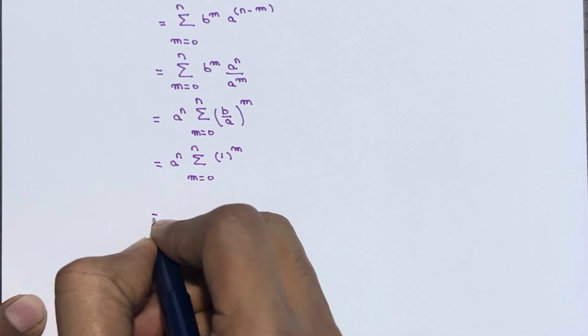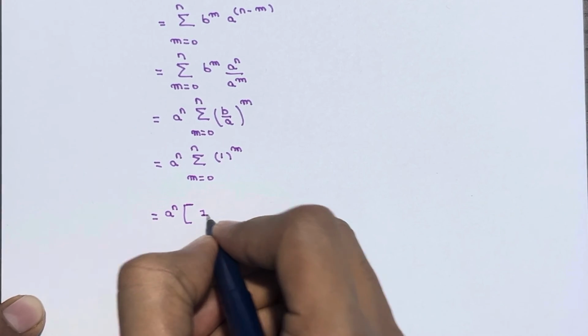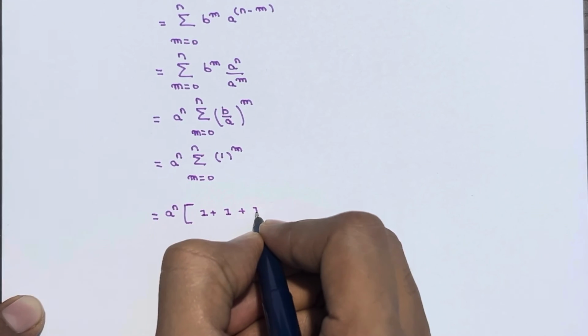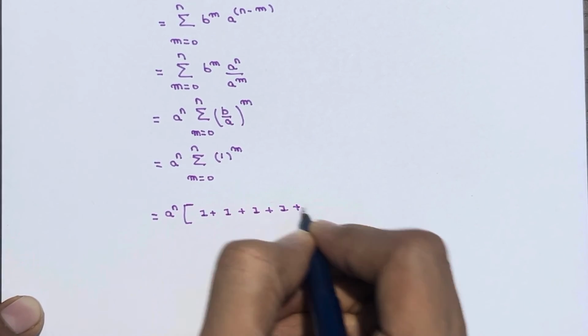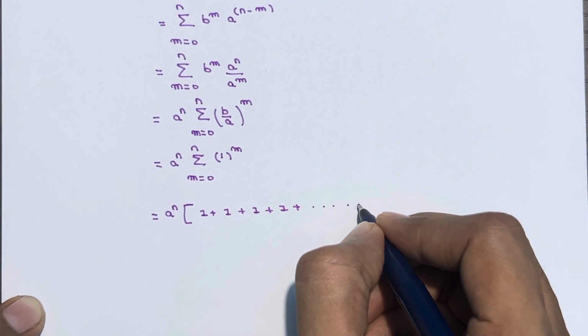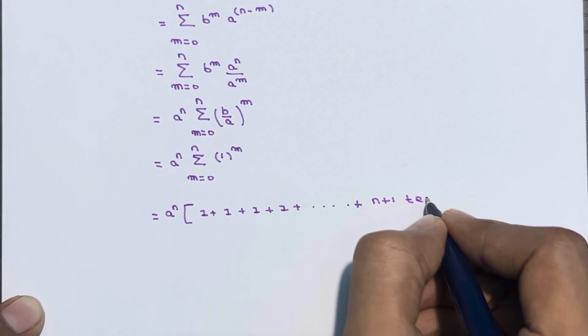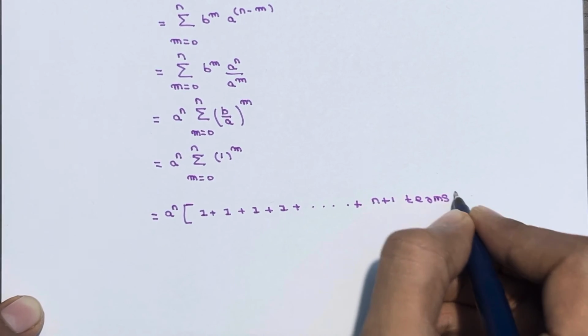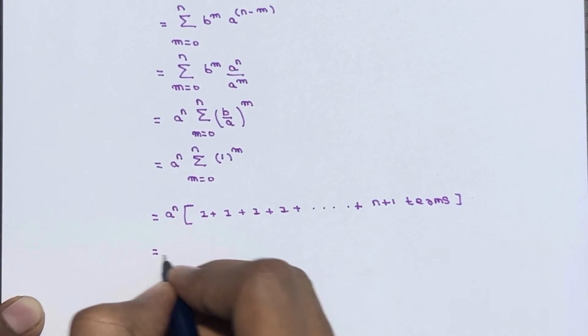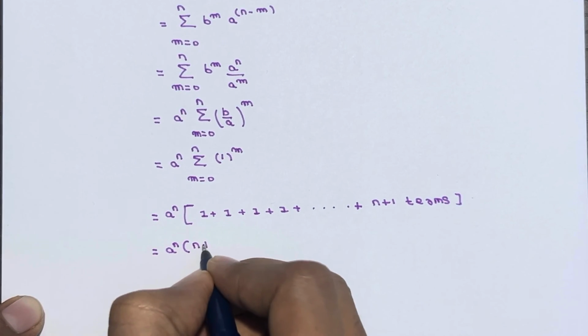Now this becomes nothing but 1 plus 1 plus 1 plus 1 plus, going from 0 to n. So 0 to n means how many terms? n plus 1 terms. So basically this will be equal to a to the power n into (n plus 1).